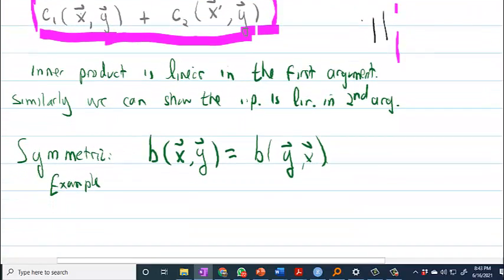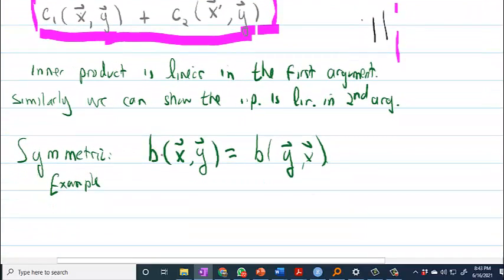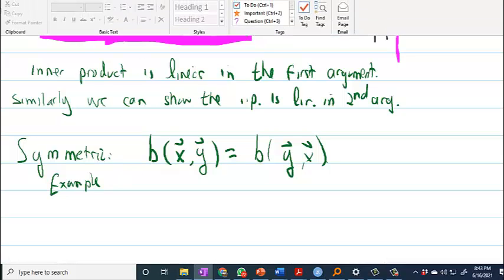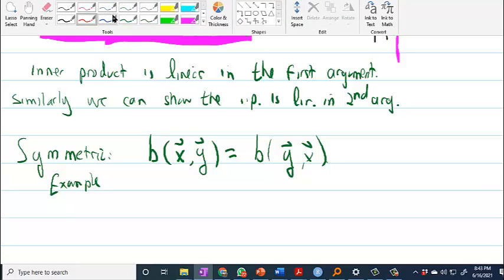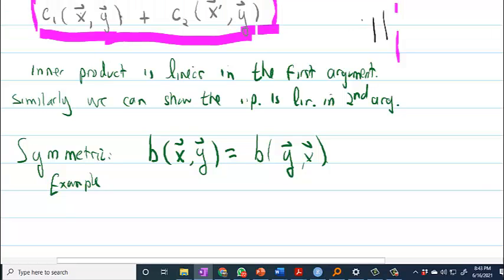Now, symmetric means that if I take b of x and y, this is the same as b of y and x. Unfortunately, my computer ran out of battery before I was able to finish this. But we could do a very simple example. If I take b of x, y equal to the usual inner product, because that is one particular example.